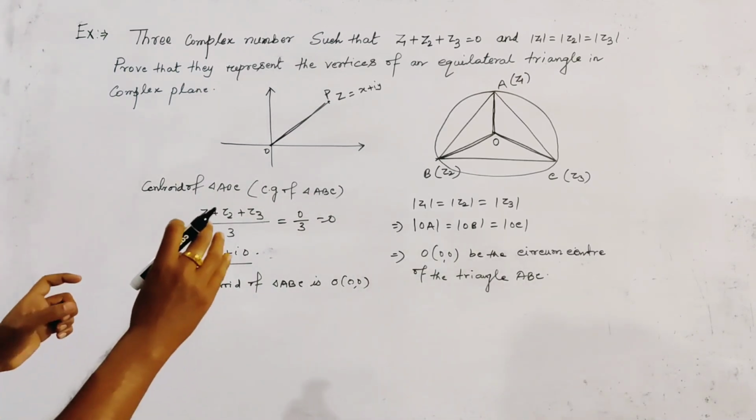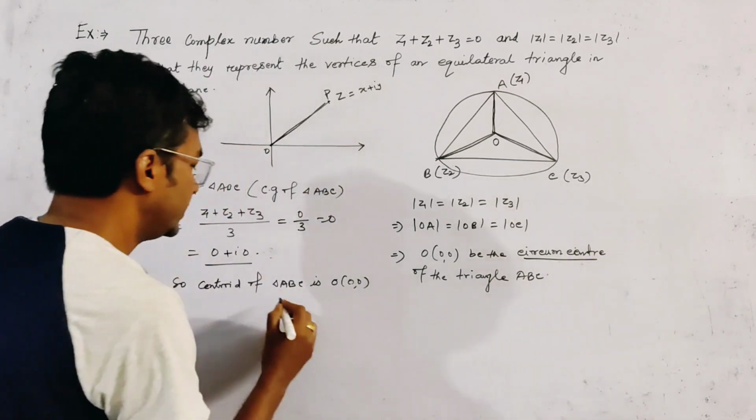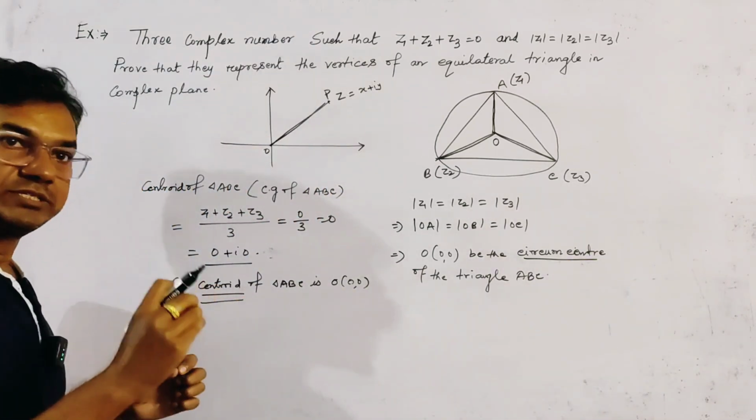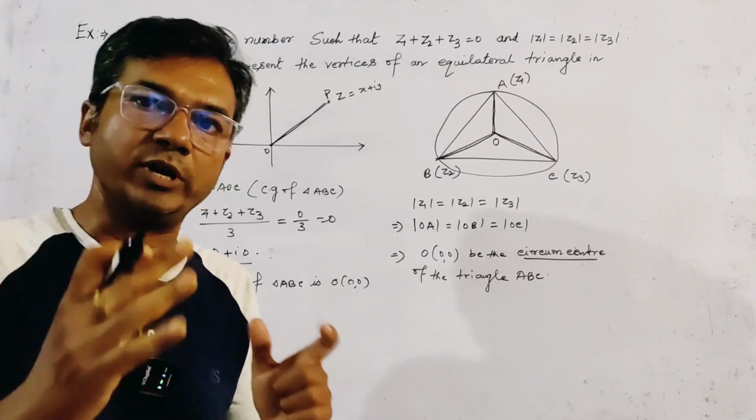And if for any triangle the circumcenter and centroid coincide, then this type of triangle must be equilateral.